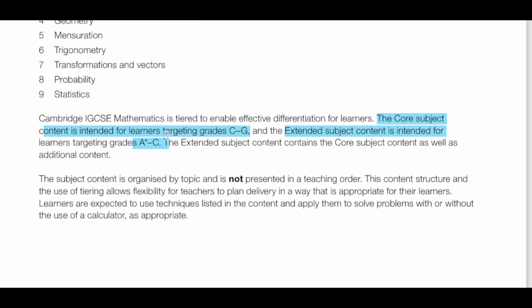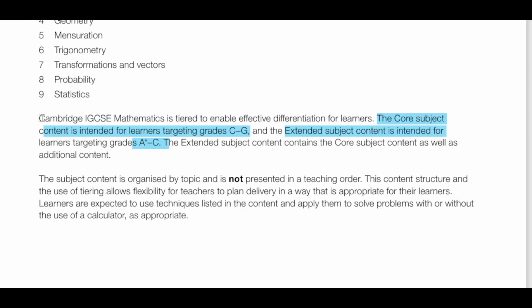Now I think you all know that Cambridge is divided into two different parts based upon two different levels of complexity of the syllabus: core and extended.